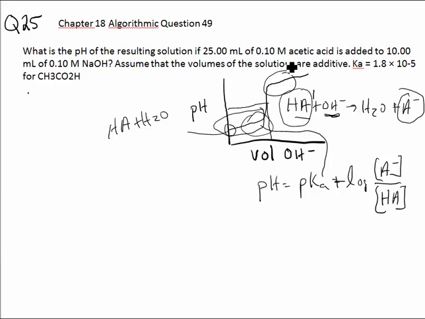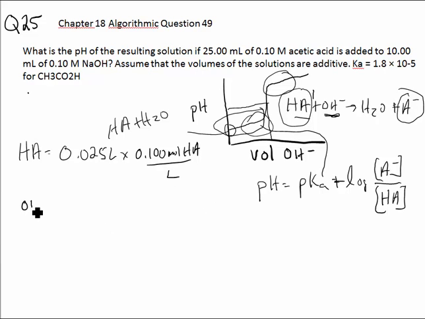So right now, where are we? For the HA, our starting amount is 0.025 liters times 0.100 mole HA per liter.